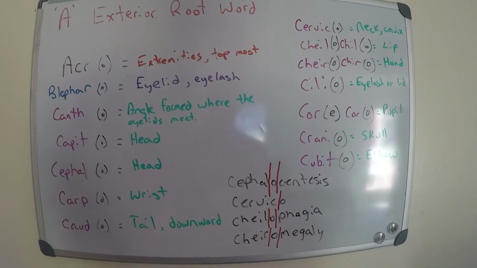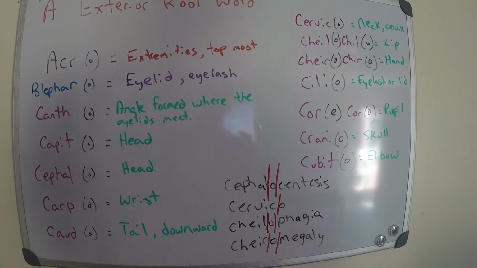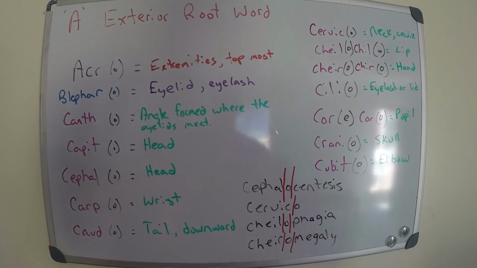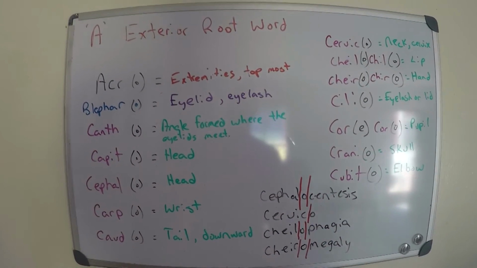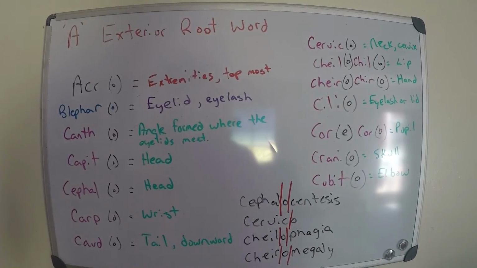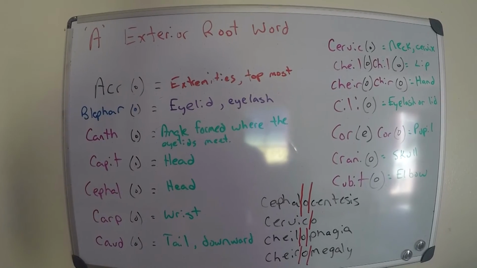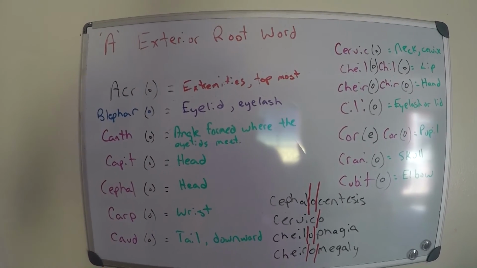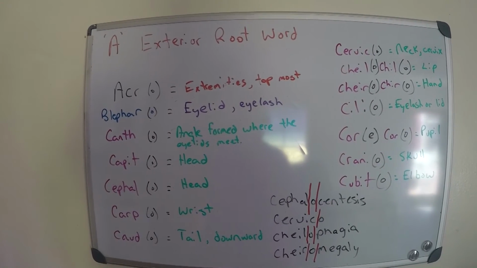I'm trying not to give you prefixes right now because we're building on knowledge, baby steps. Never be in a hurry when it comes to learning. Always take your time. That's why it's good not to cram. It's good just to do a little bit each day. Personally, I do 30 minutes a day. All right, so let's talk about these 4 words.